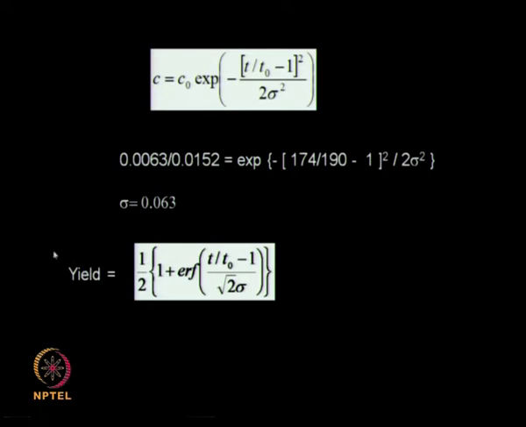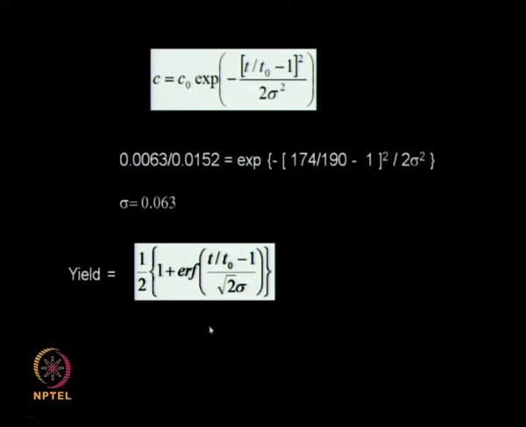So it is very straightforward. So here T naught is 190, T is 200 because I want to calculate the yield after 200 minutes. Sigma is given here 0.063, so I just substitute and I just have to calculate the error function, that will give me the yield.